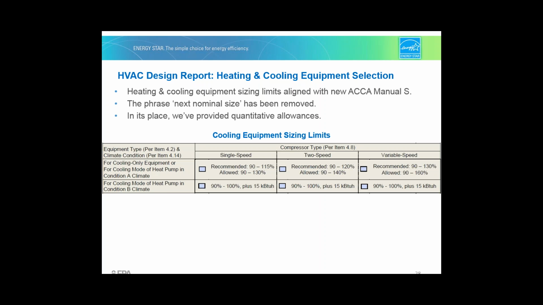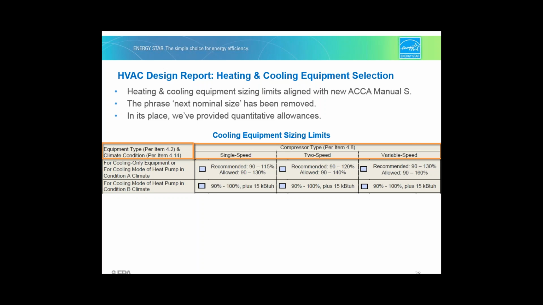So let's take a closer look at the cooling equipment sizing limits first. The new version of Manual S defines cooling sizing limits based on the compressor type, the equipment type, and climate condition. Now, I recognize this is a bit more complex, but it provides more appropriate and generous oversizing limits for certain types and climate conditions.